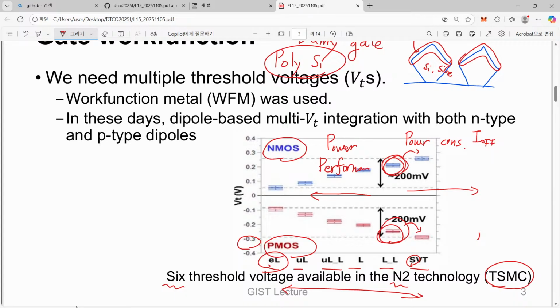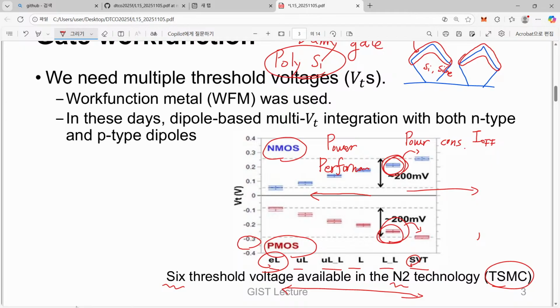So which one is best? There is no single best device. Usually what we have is a trade-off between threshold voltage, power consumption and performance. So we have to select the appropriate device for appropriate conditions.